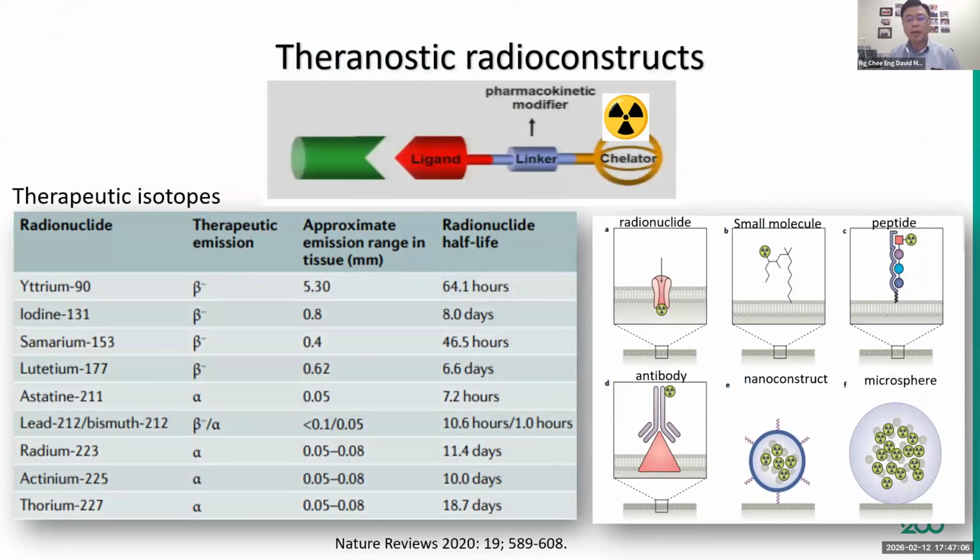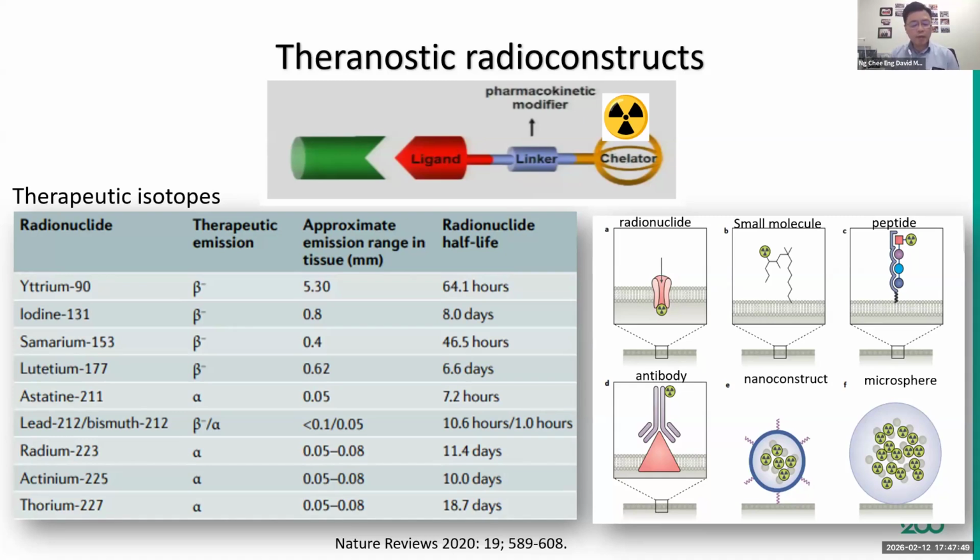One very key concept in theranostics is the concept of the radioconstruct. The idea is that you have a radioconstruct with two poles. One pole is the chelator that holds the radioisotope, and the other pole is a ligand which targets the target that you want to target. At the radioisotope pole, you have various therapeutic isotopes such as yttrium-90, iodine-131, samarium, as we said.